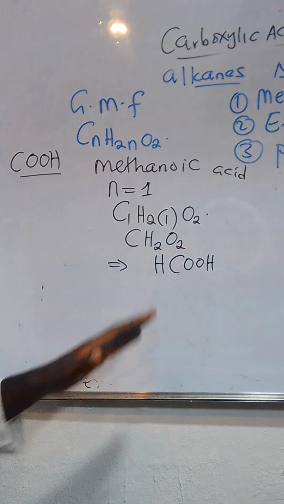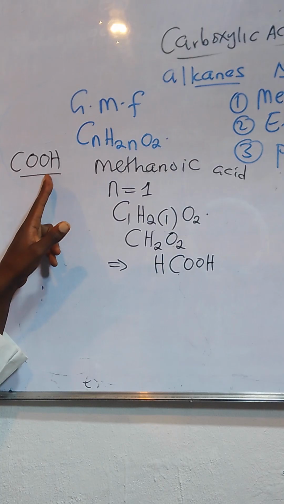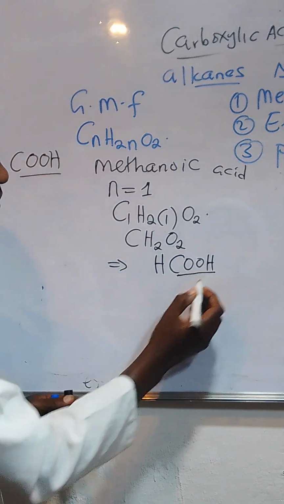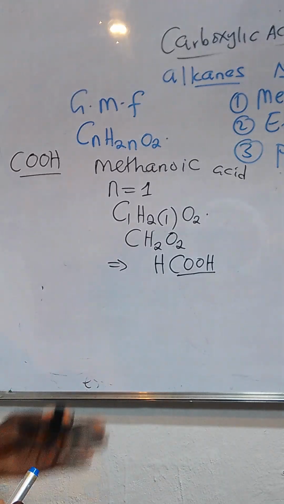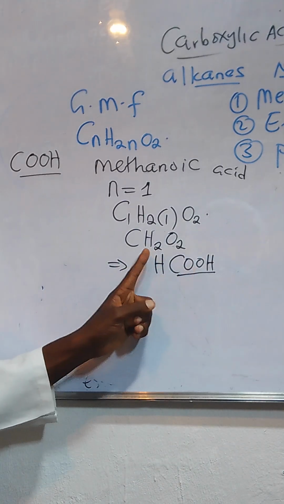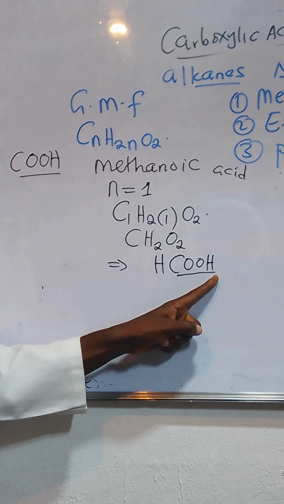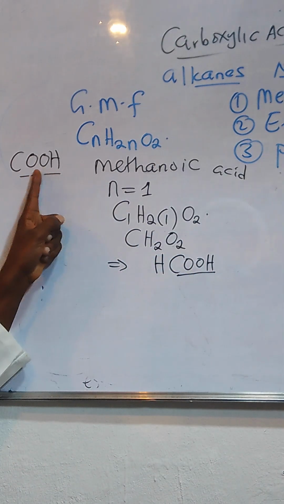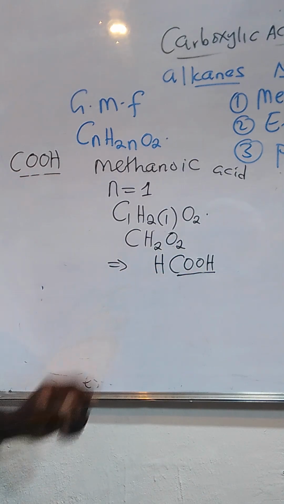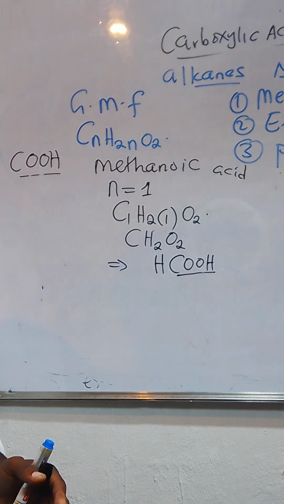The most important thing is to look at the functional group, meaning the carbon in the functional group is actually counted. The hydrogen here is this one, there is one hydrogen, and the two oxygens in between the carbon and hydrogen are these. So this is basically how you can go about understanding it.